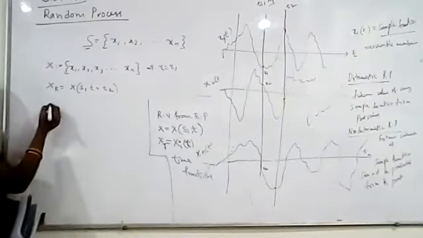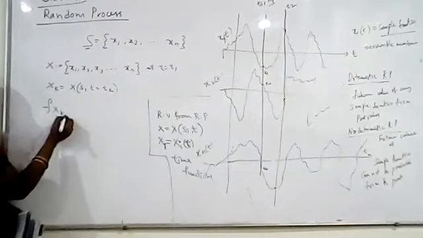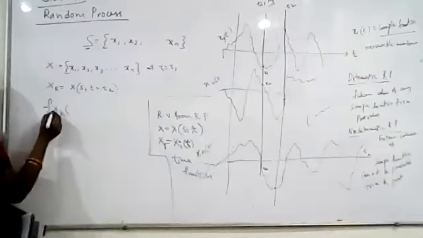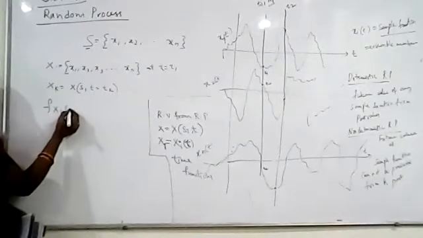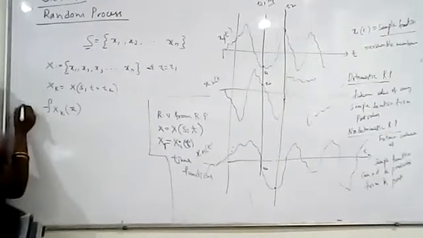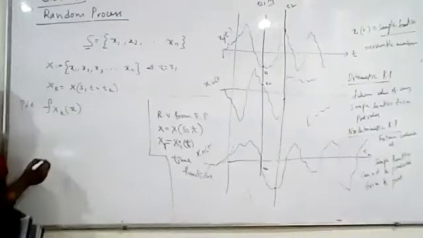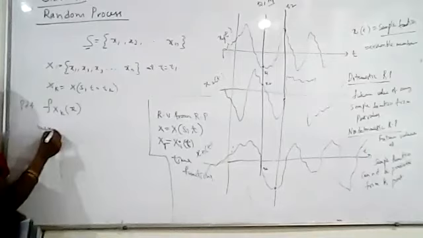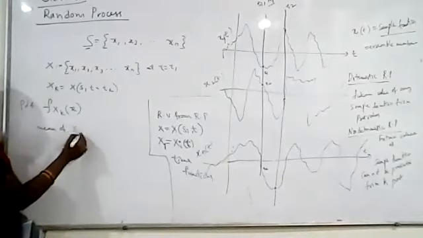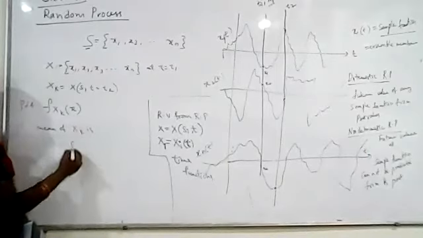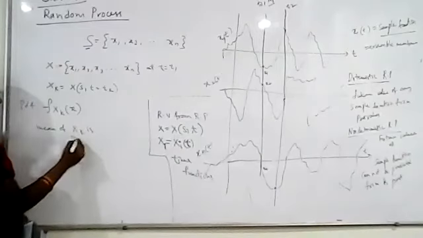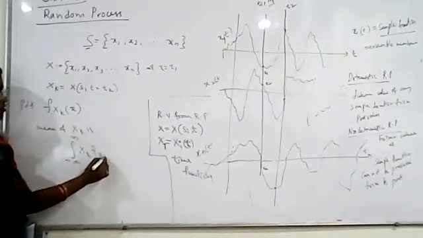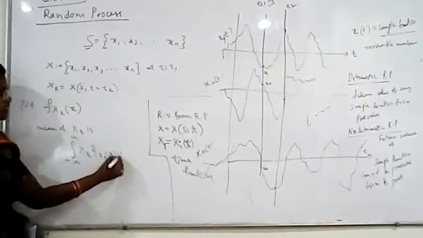Now, for example, you have the probability density function f xk of x of the random variable xk. Then the mean of xk is given as the integral from minus infinity to plus infinity of x times f xk of x dx.